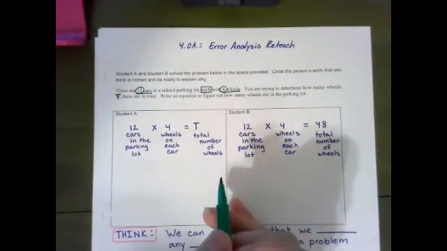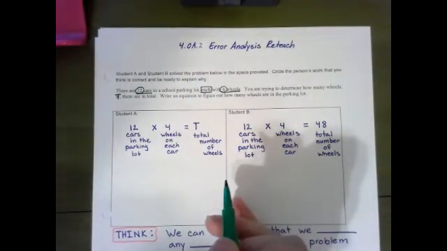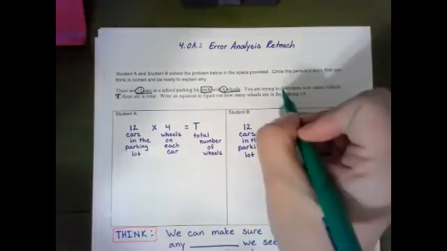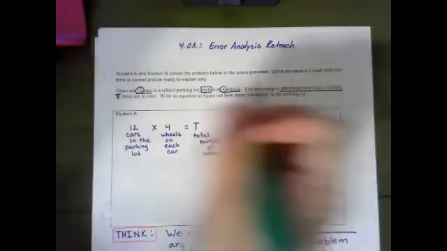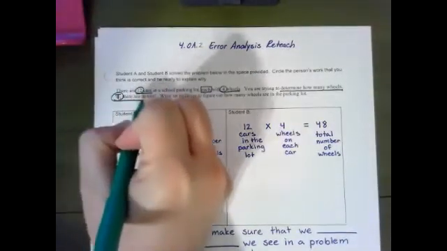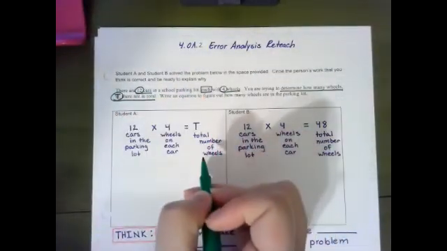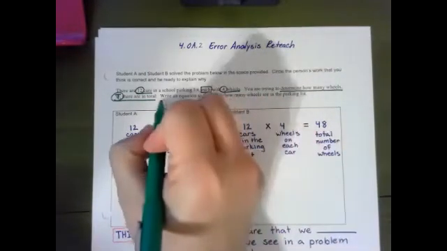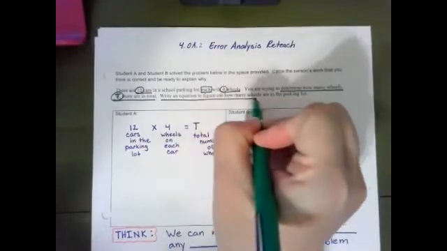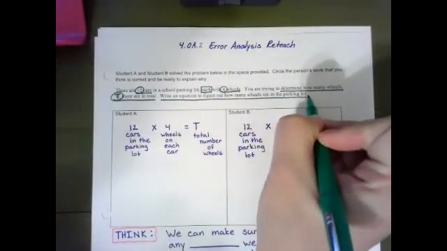It makes more sense. You are trying to determine how many wheels, T, there are in total. Write an equation to figure out how many wheels are in the parking lot.